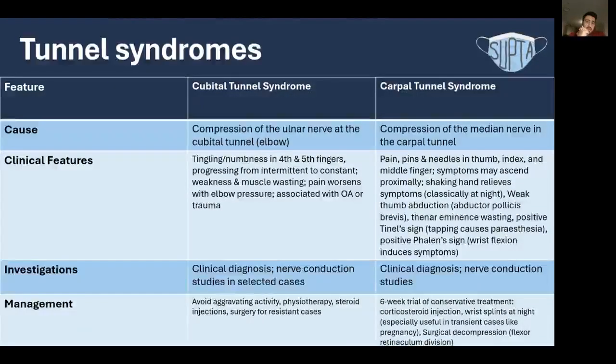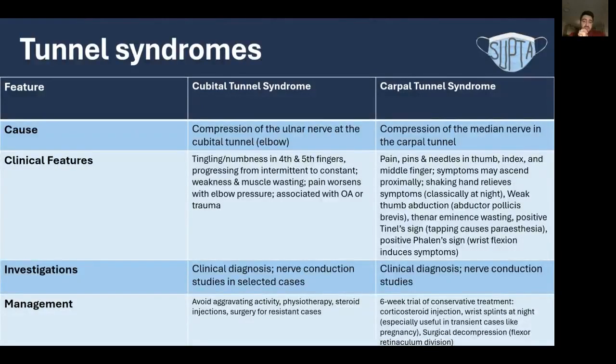On the other side, with carpal tunnel syndrome, which is a compression of the median nerve at the carpal tunnel, you get pain and pins and needle sensation in the thumb, index, and middle finger. So it's a different distribution of the median nerve, basically. Symptoms may ascend proximally.